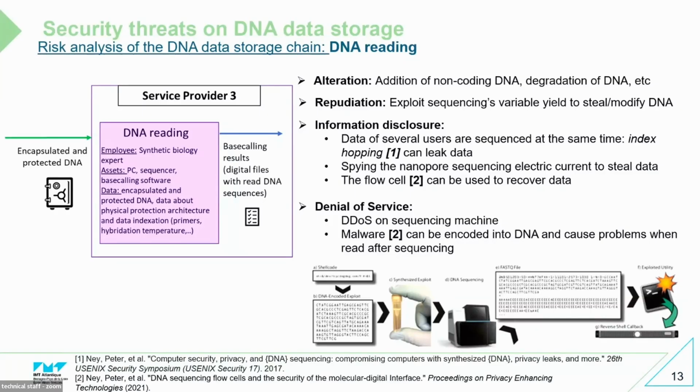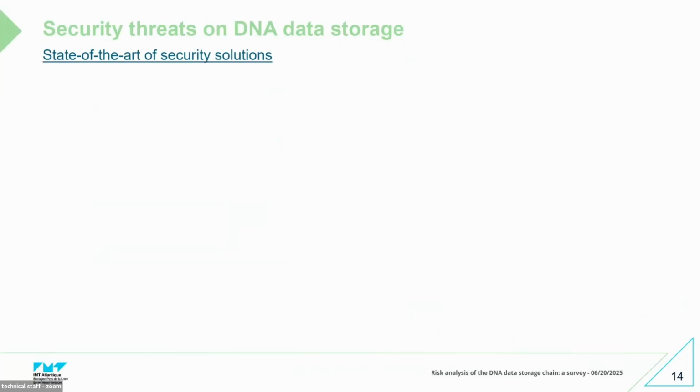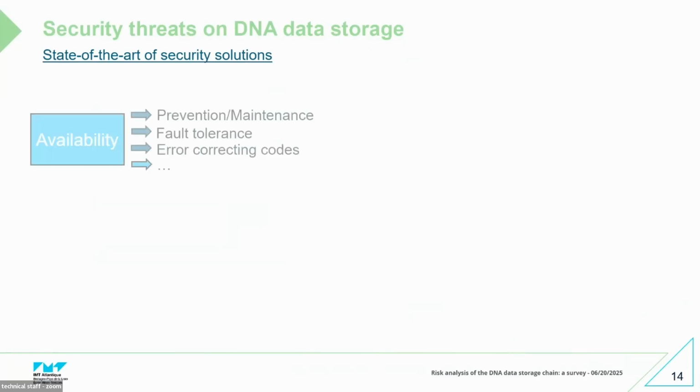So as we've seen, the threats are very diverse, and some are specific to the medium that is DNA. So there's a really strong need to secure the DNA data storage chain. So I will now show you a quick state-of-the-art of security solutions concerning the 4 properties of availability.